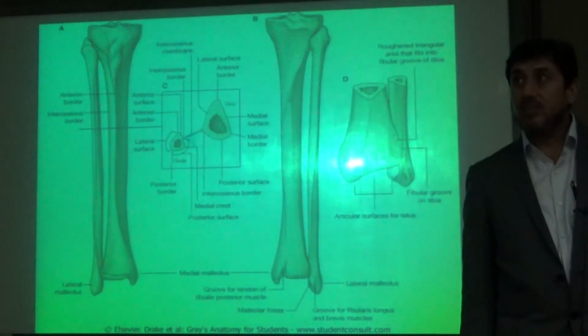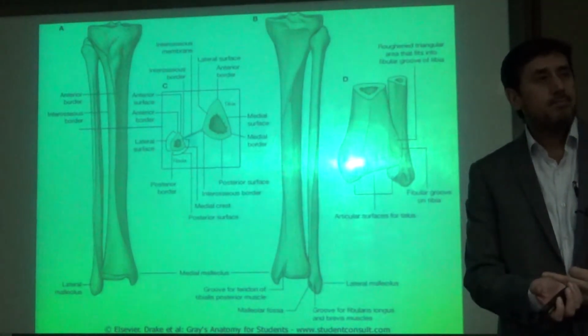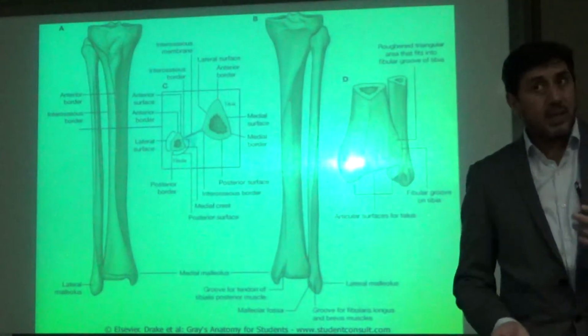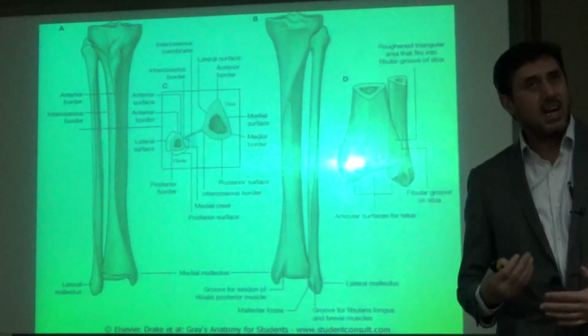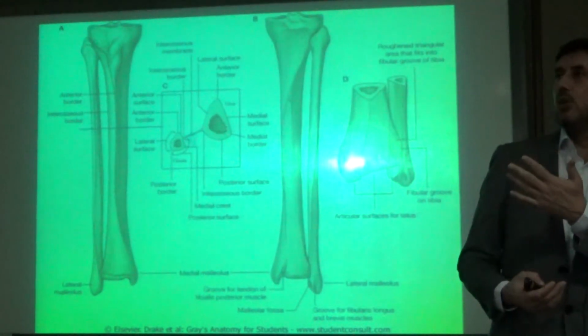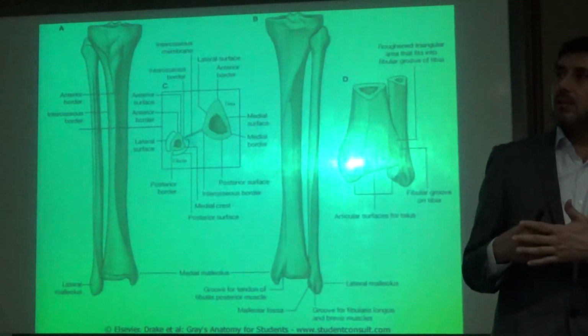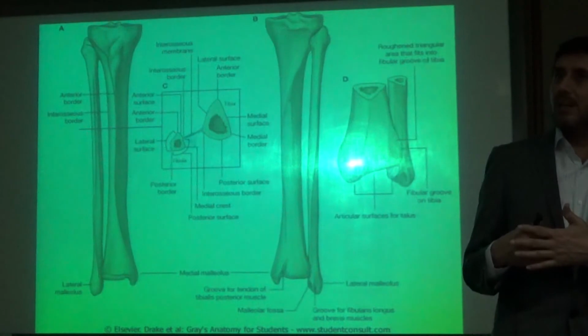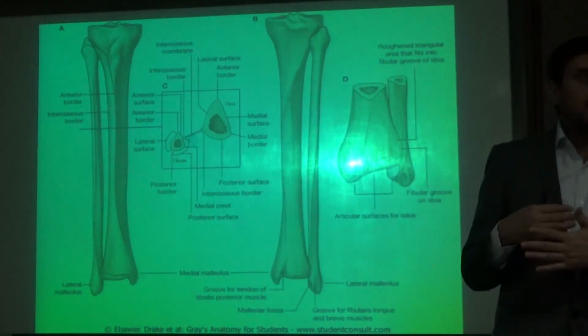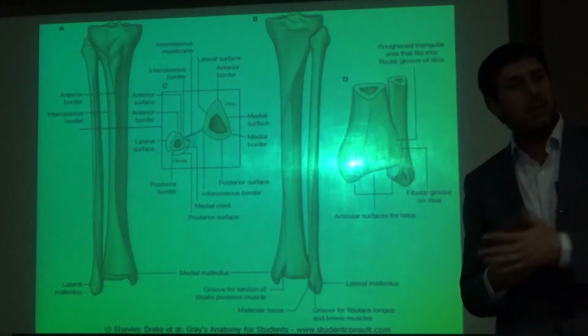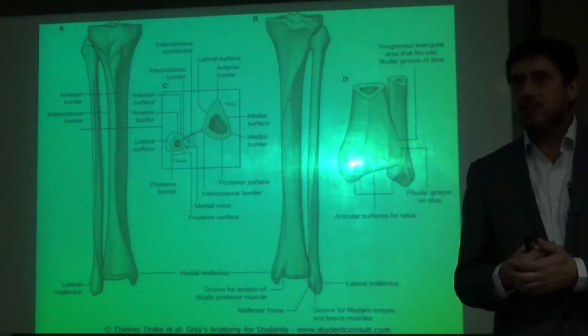It was in my previous lecture. Listen carefully, what are their articular surfaces? For example, I am asking you, the shoulder joint is between humerus and scapula. Which part of scapula? Glenoid cavity.